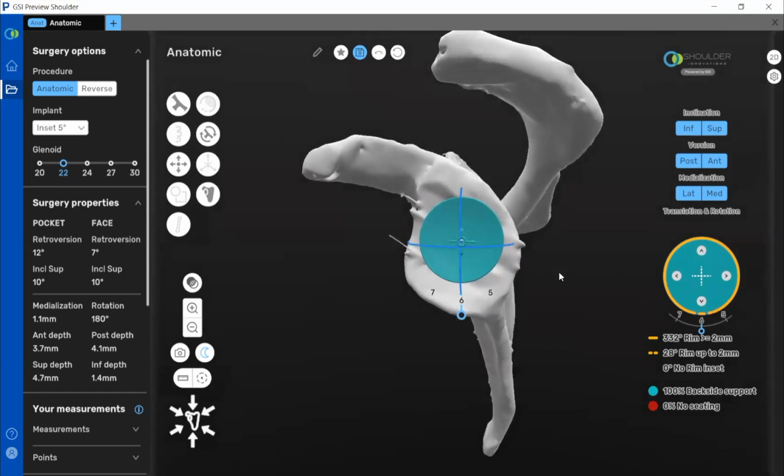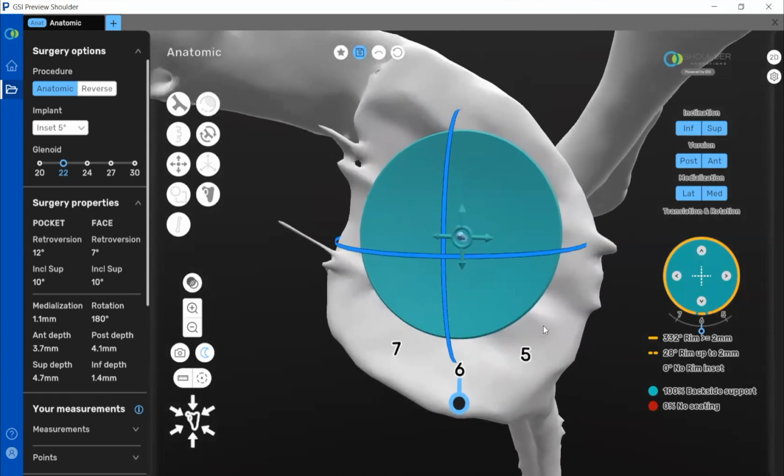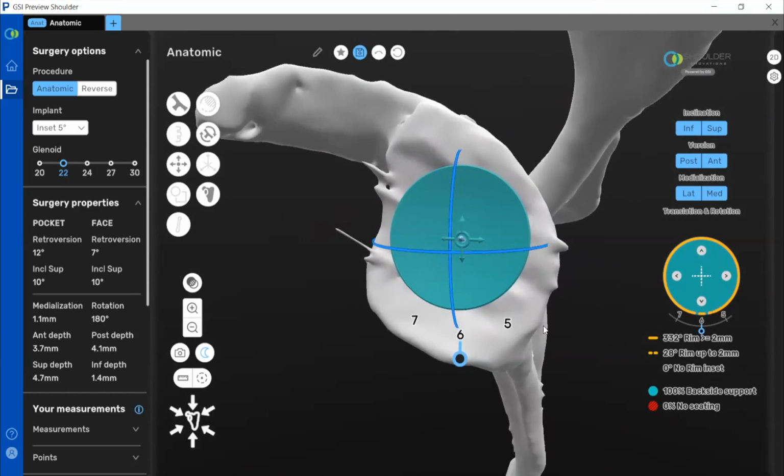So this planning software has been a game changer in providing basically a fully anatomic reconstruction that provides the best functional outcome, meaning improved range of motion and strength, but also a much better lasting implant, which will last the patient a lot longer.